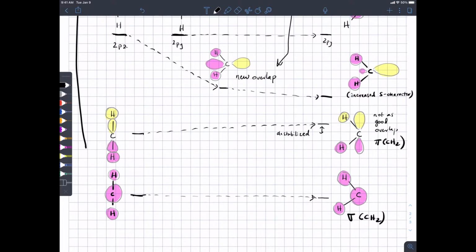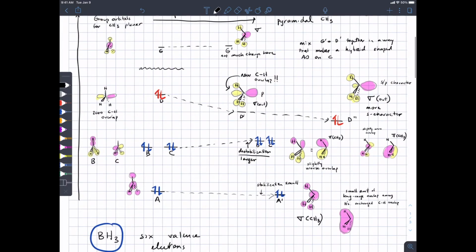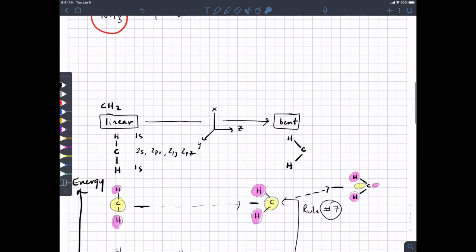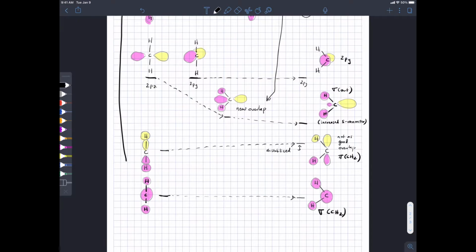Its closest cousin for pyramidal methyl would have been maybe this one, where the p orbital overlaps with a hydrogen here and the 2 hydrogens there. And then we have the sigma out, which we also made for pyramidal methyl, and then left over is the 2py orbital that's not even changed.